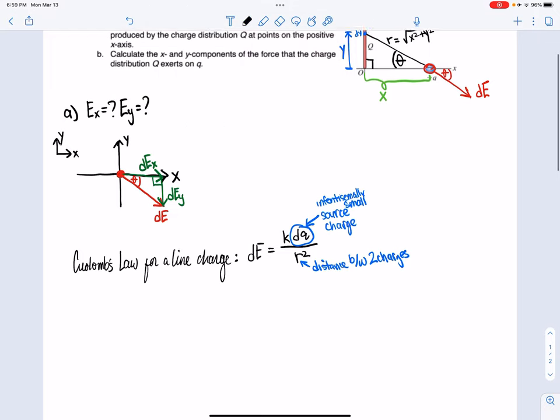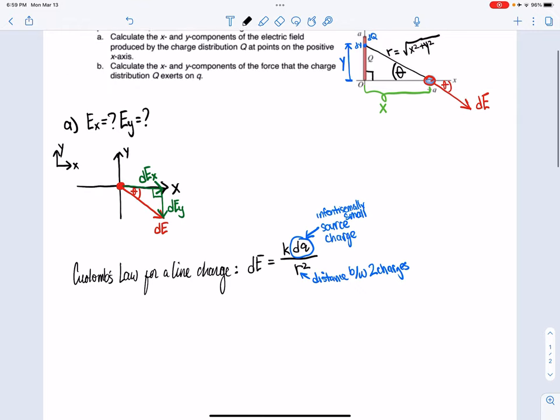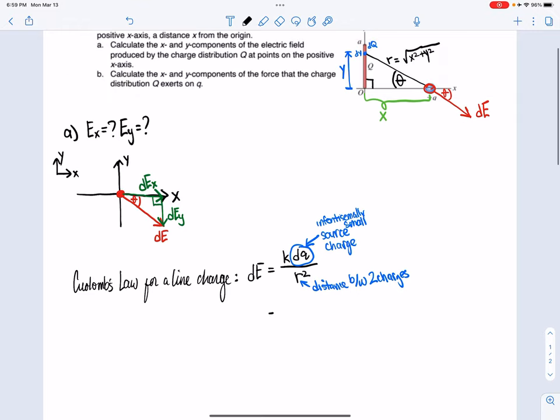Okay, so plugging in this formula in terms of our problem, you would get k, which is the electrostatic constant, times what is our infinitesimally small source charge? Again, it's dQ for this case, right?